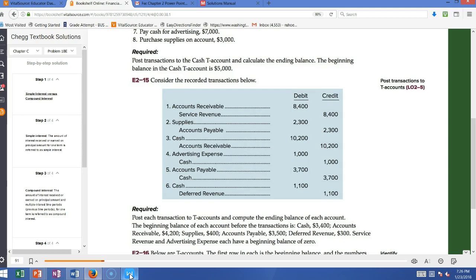Once we go through these transactions, we're going to come up with ending balances. An ending balance on accounts payable means that's how much we still owe to people. Accounts payable is a liability, which means we owe money. Accounts receivable is an asset, which means we are to receive that money.